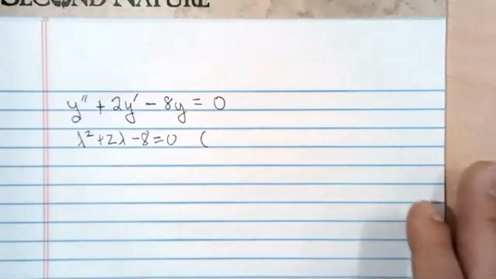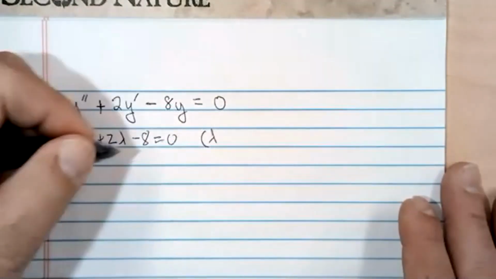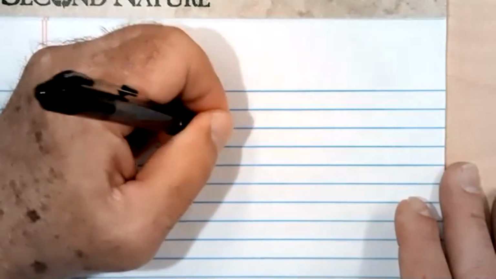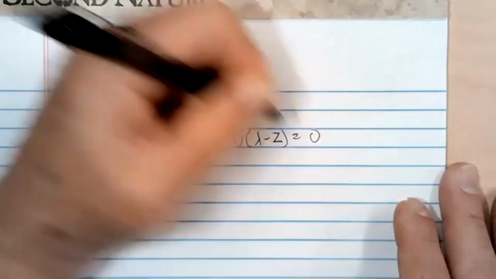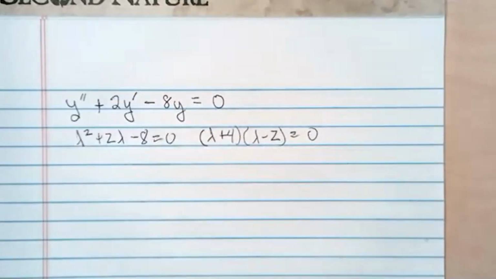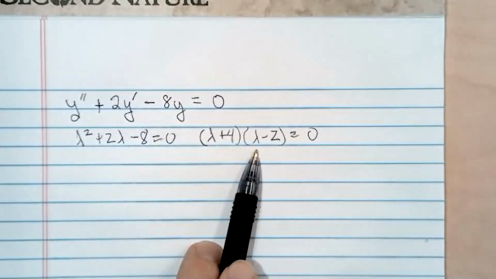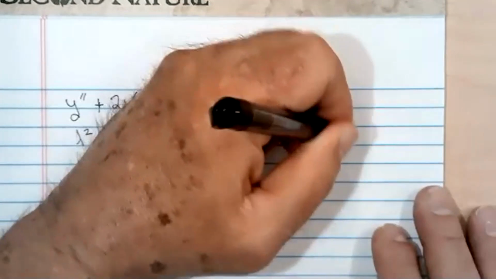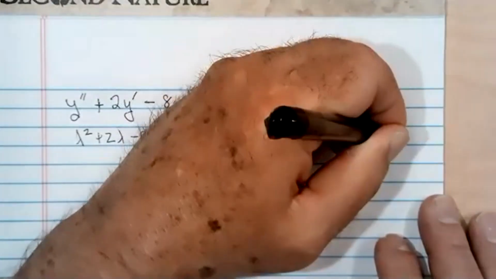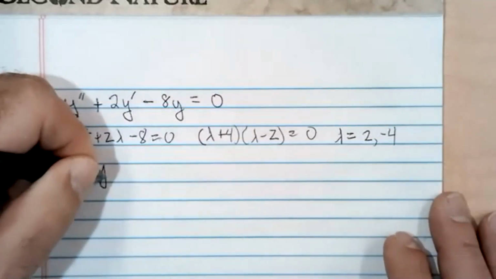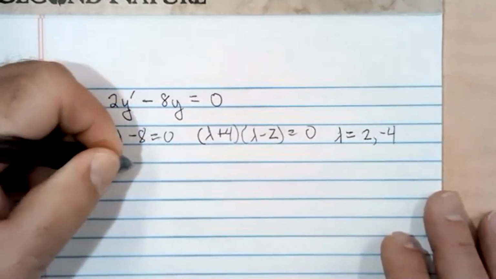Let's hope now I can write this down without an error. So lambda is equal to -4 or 2. And we know that the solution is this.